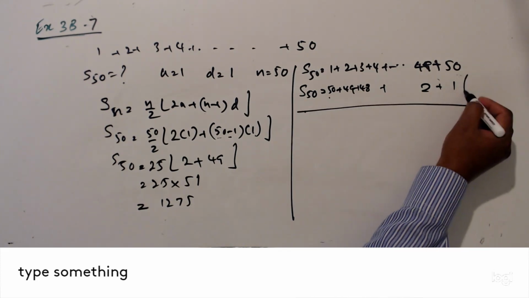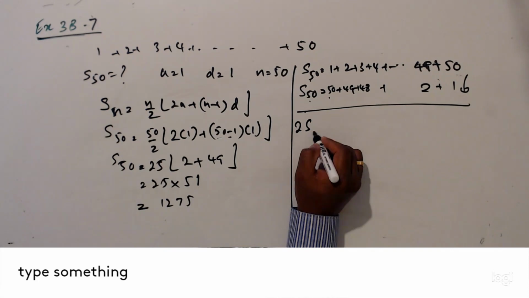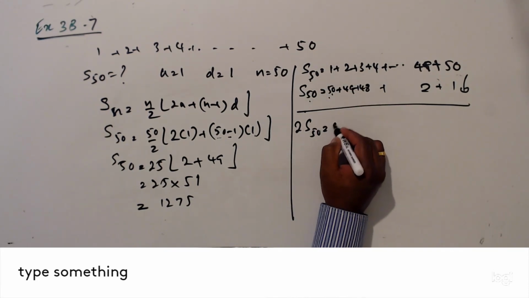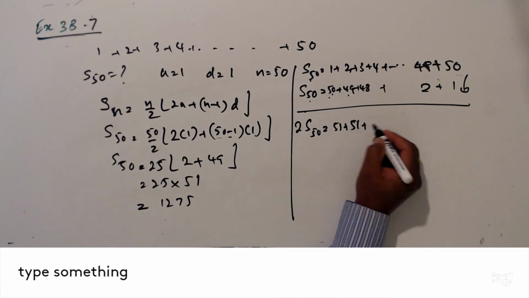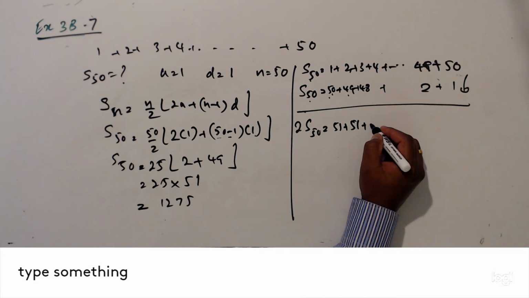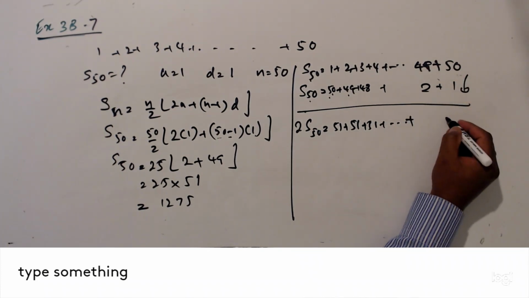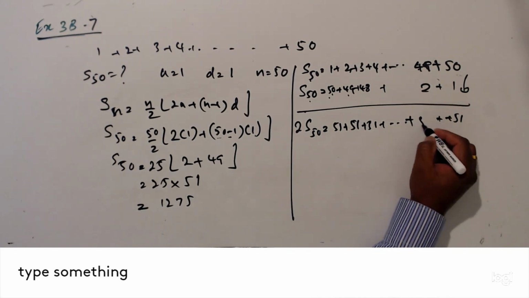So when you add those two together, 2 times S50 equals 1 plus 50, 51, 49 plus 2, 51, then 48 plus 3, 51, plus dot dot, the last one, 51.